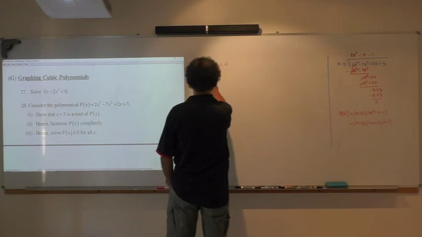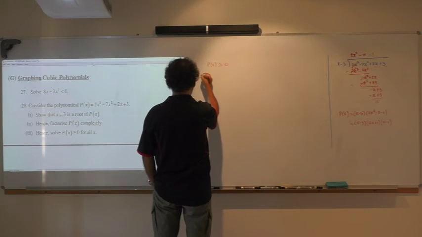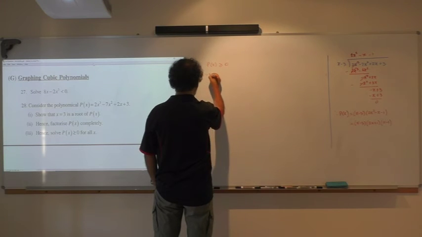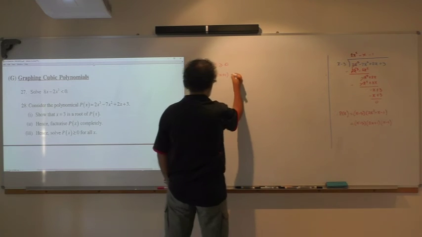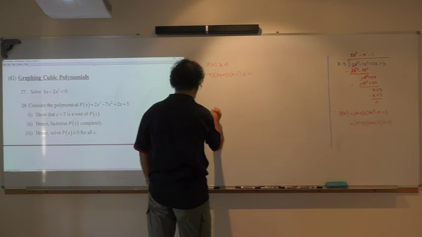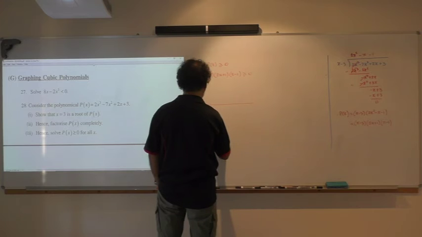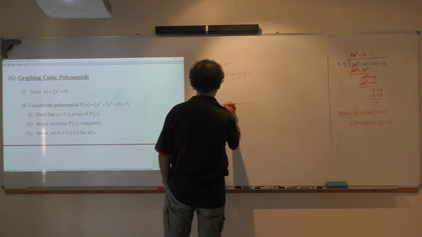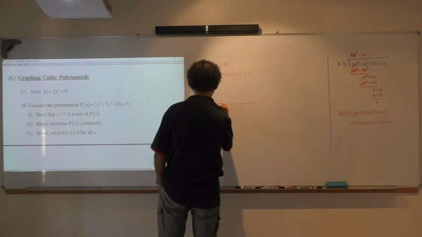Given that we already have a factor form of this, we can say that x minus 3, and 2x plus 1, and x minus 1 have to be greater than or equal to 0. Then we draw the number line, and on this line we put positive 1, positive 3, and negative half.